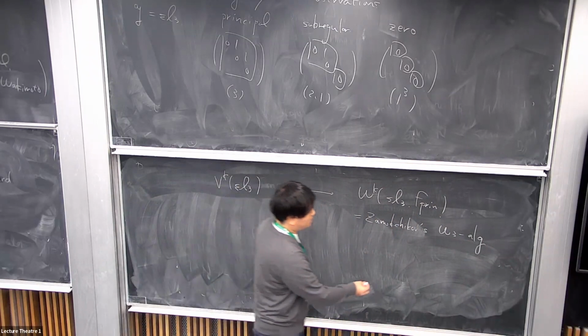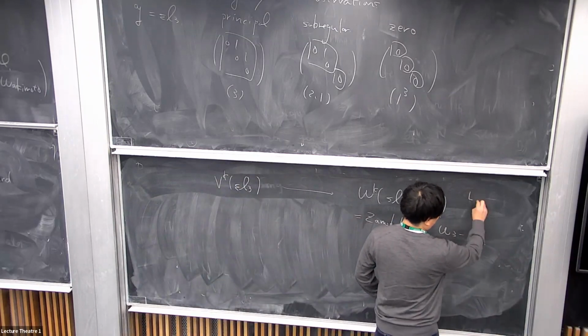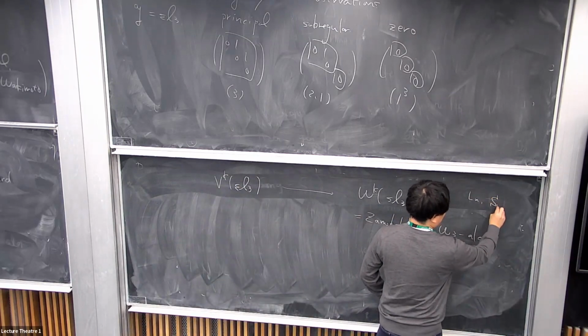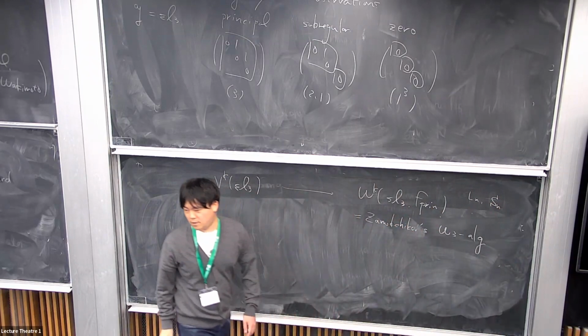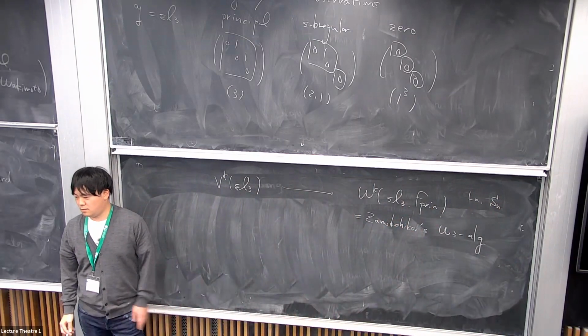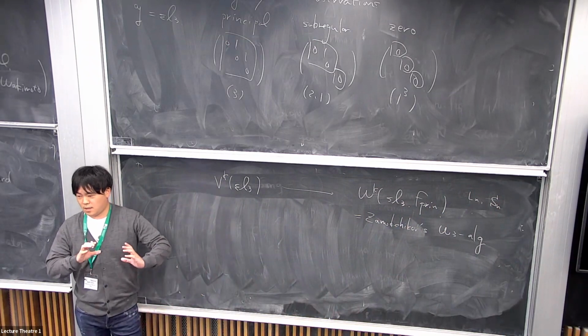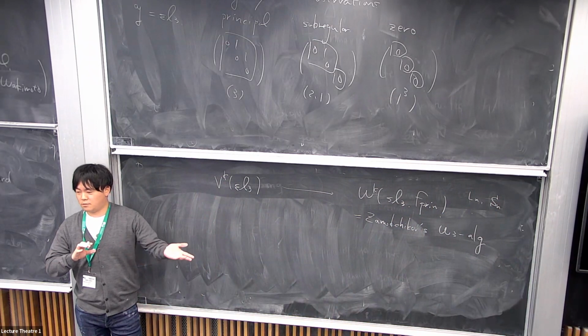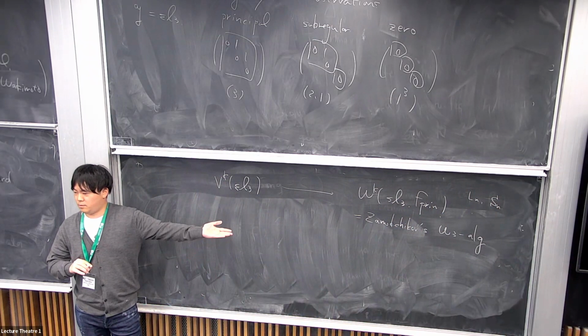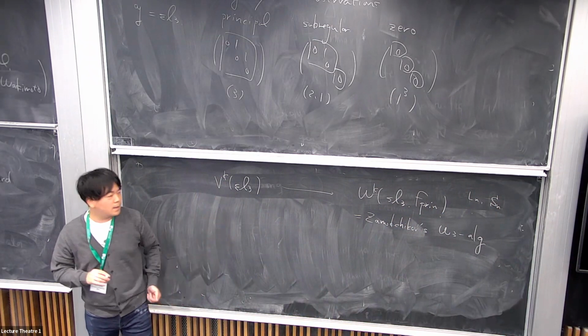This is generated by two families, Ln and Wn. Ln generates the Virasoro algebra, but Wn is another family of generators, and the Lie bracket of Wm and Wn gives an infinite sum of normally ordered products of Ln. So this is not a Lie algebra, and we need to think of this as a purely vertex algebra.